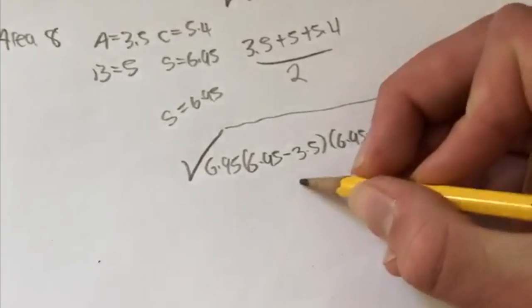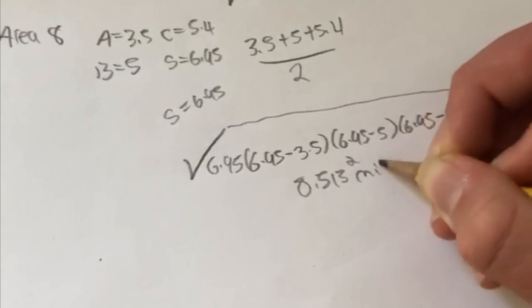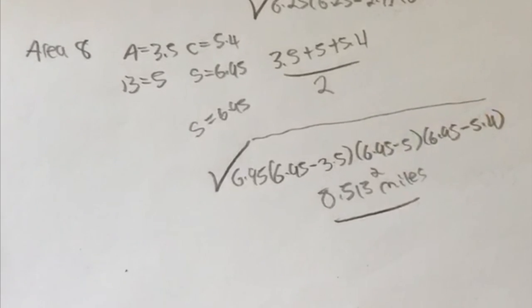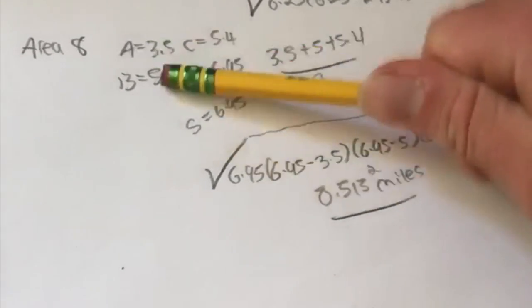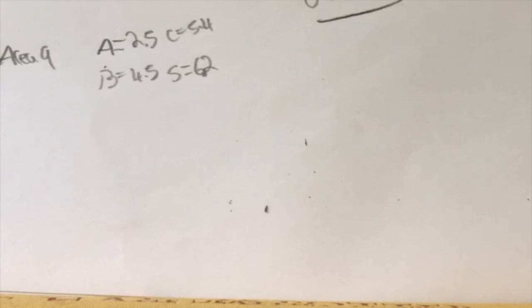We're going to get 8.513 squared miles. And that is the area for area 8, triangle 7.